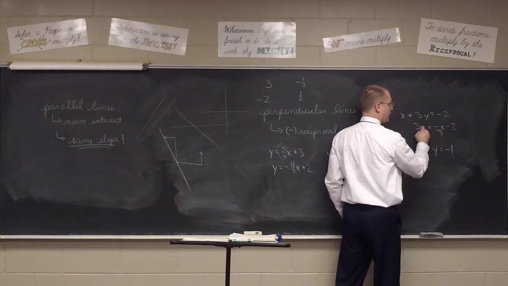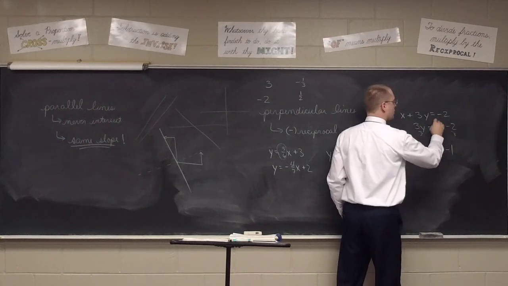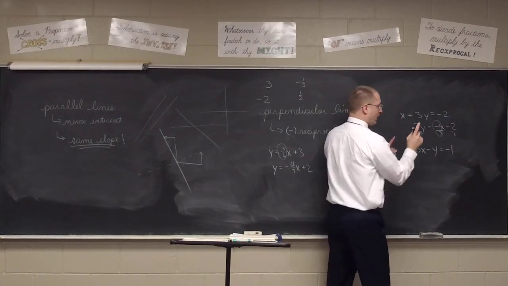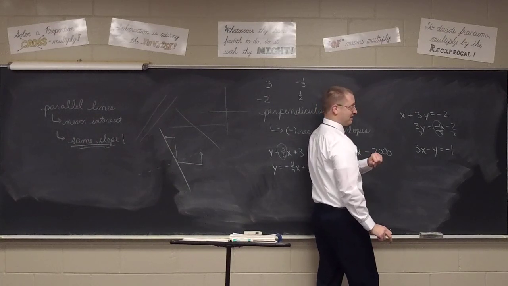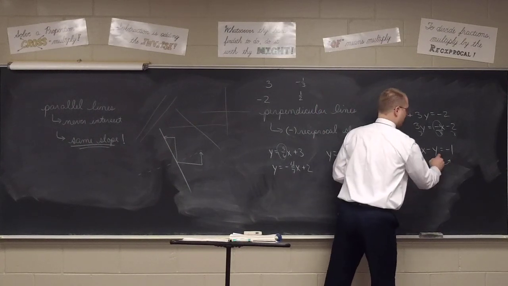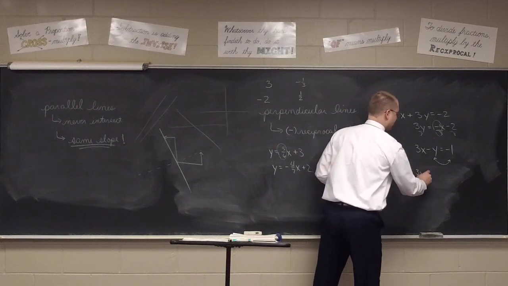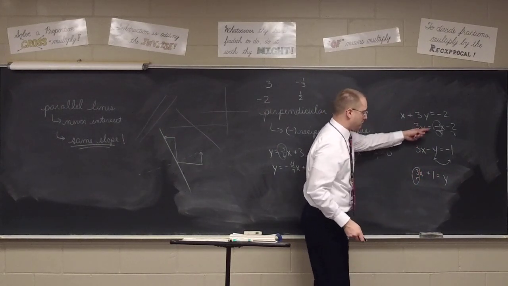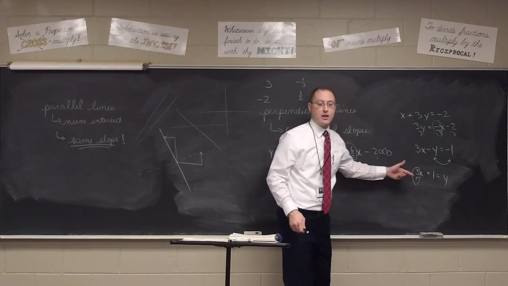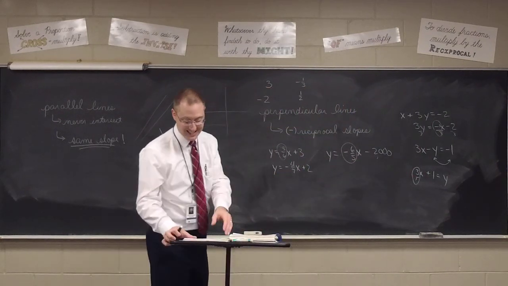Really, I only care right here that I divide by the 3. I can see that the slope is negative 1/3. All right, here, to get the y by itself, there's a shortcut. It's double switch, right? 3x plus 1 equals y. Are the slopes negative reciprocals? Then the lines are going to be perpendicular.